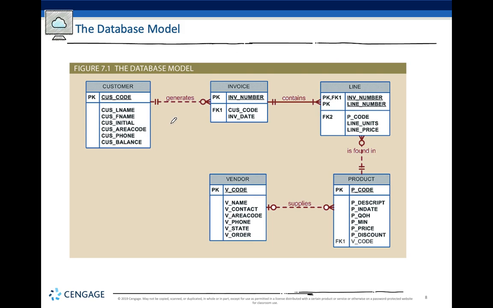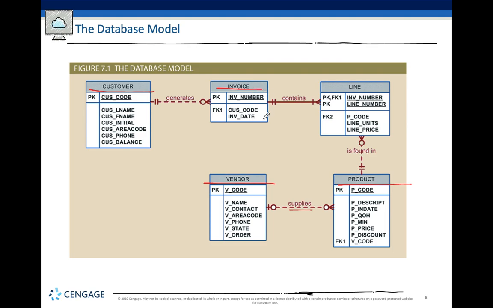So here's the database model that we'll be using in this chapter. You can see that we have a customer table, a product table, and a vendor table. A vendor can supply many products, and a customer can generate many invoices.